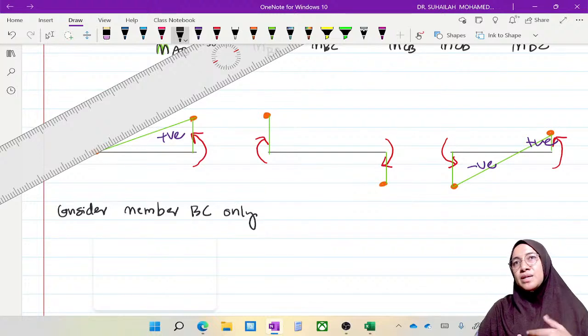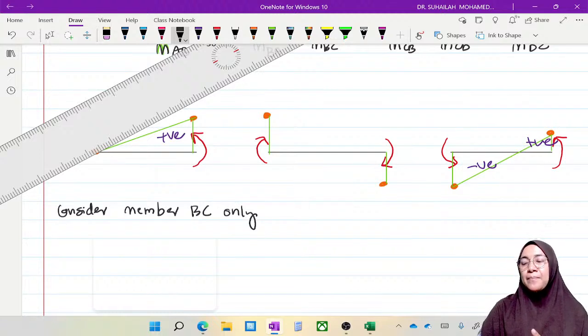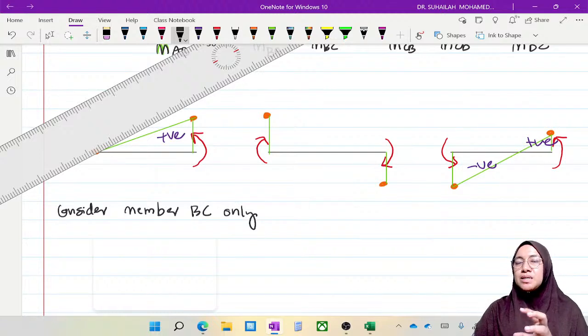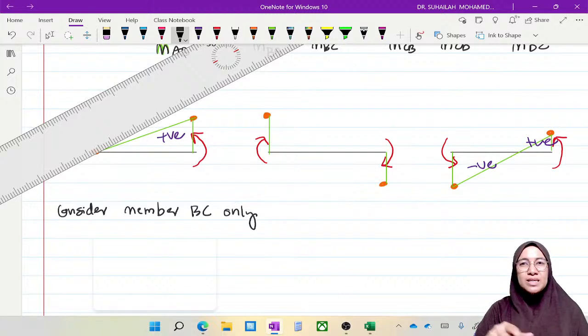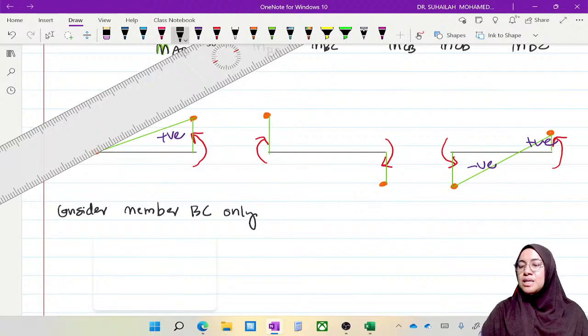We draw directly from the moments we got in the table, and I want to focus on how we identify the salient point using the shear force diagram. Member AB and member CD have no point load or UDL, so we can skip those for this example. Consider member BC only.